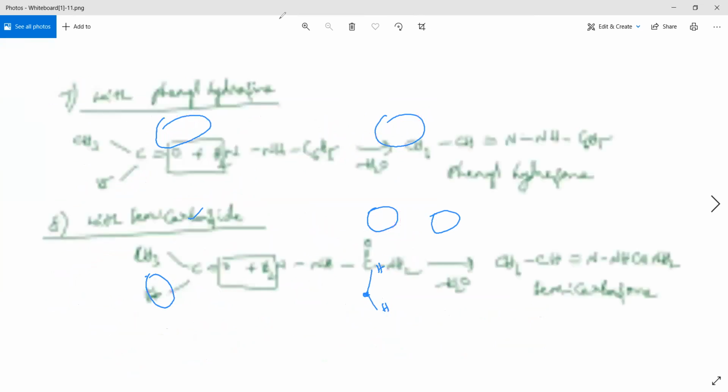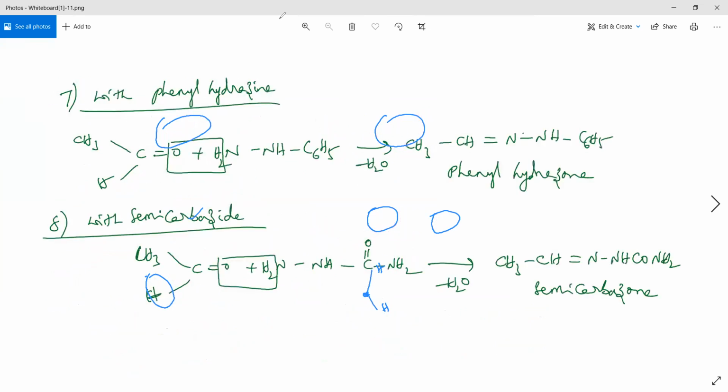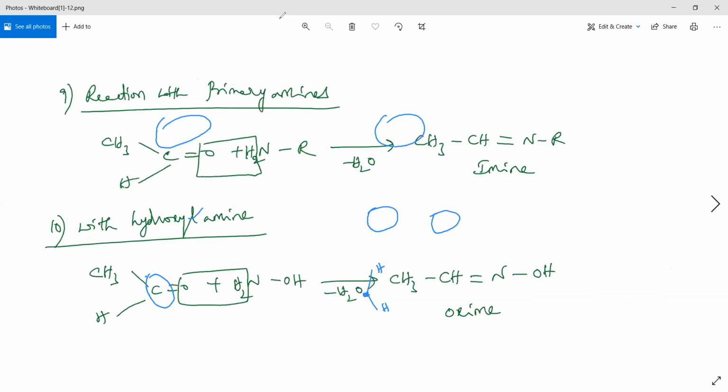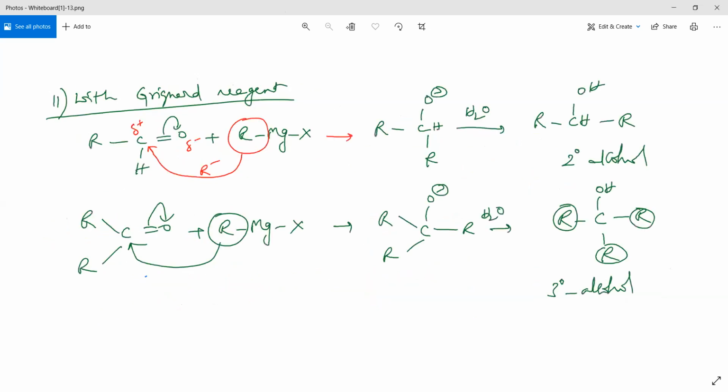Cyanohydrin formation we have already seen. Phenyl hydrazine. Then with hydroxylamine. Grignard reagent.